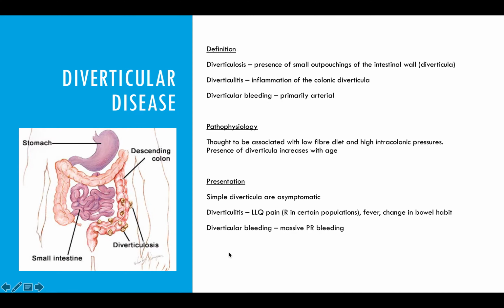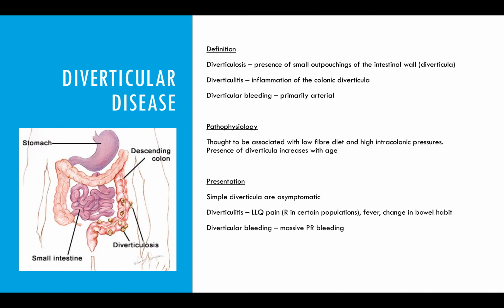With diverticular disease, diverticulosis is the presence of these small outpouchings in the intestinal wall. These bits down here are diverticulosis. Diverticulitis is when you get inflammation of those, and then you can also have diverticular bleeding, which I'll talk about in a minute.